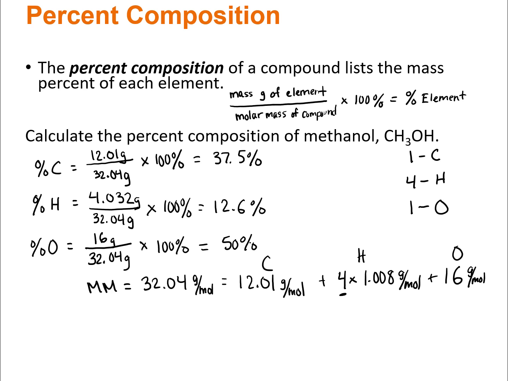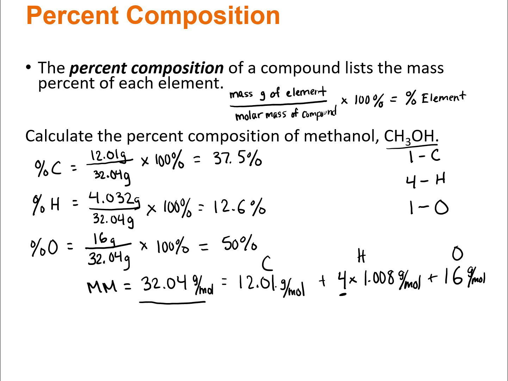Okay. Does everybody understand that concept of percent composition? Are there any questions on this slide? So we calculated the molar mass of the compound, which is methanol in this case.